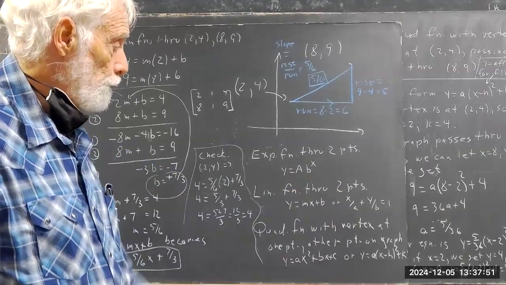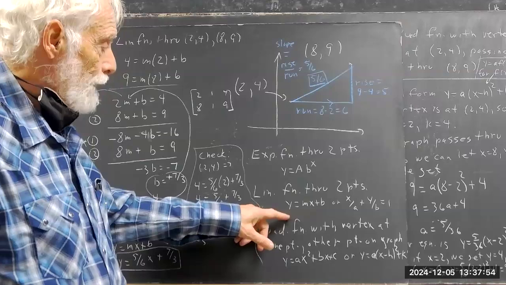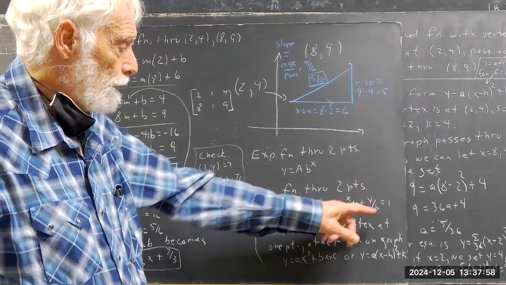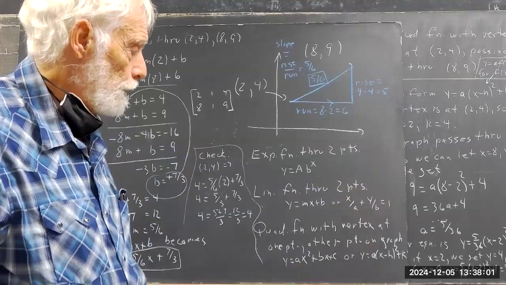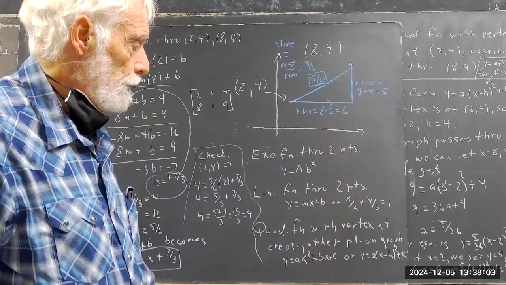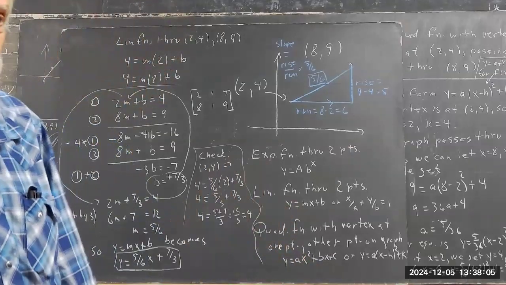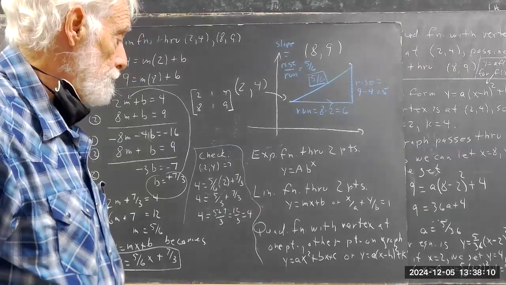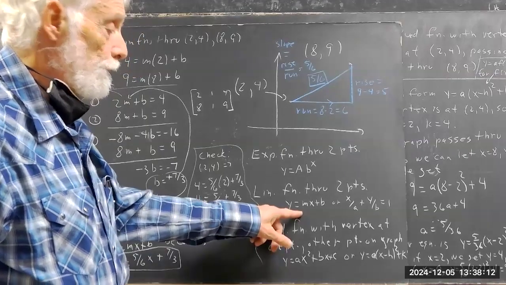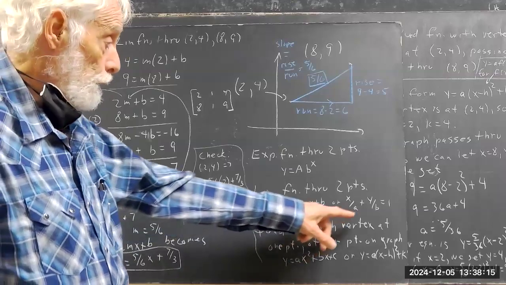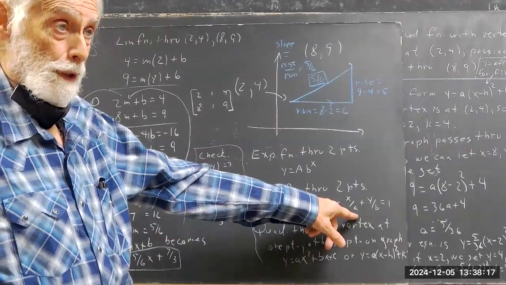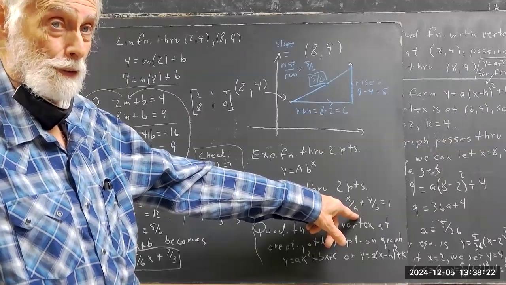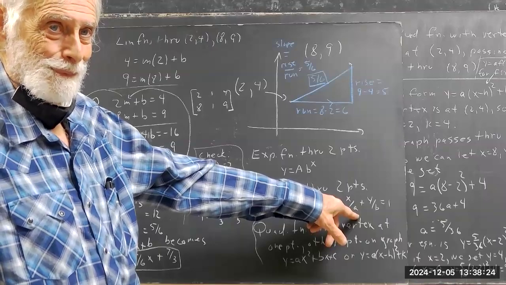A linear function through 2 points is either y equals mx plus b, or x over a plus y over b equals 1, where a and b are the x and y intercepts. We'll use this form. I haven't talked much about that form, but it is another form you could use. If you want to show off and you're done with everything else, go ahead and see if you can do it with that form.